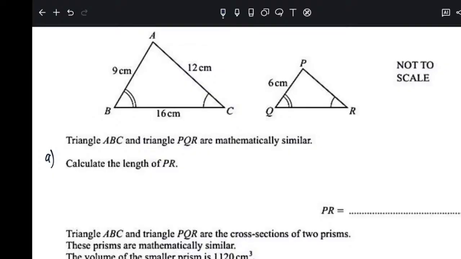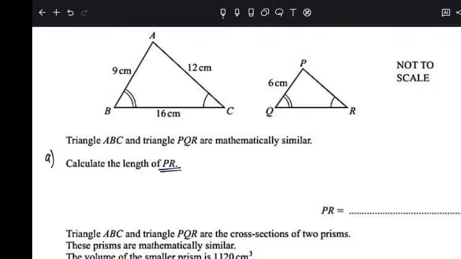Now what we just have to find out is which of these shapes, the bigger one or the smaller one, has something missing? Which one has this PR that they're looking for? Is it the bigger one or the smaller one? Tell me. Where is PR? Students, is it on the bigger shape or on the smaller one? On the smaller one. So the smaller one is the one going to its own side.